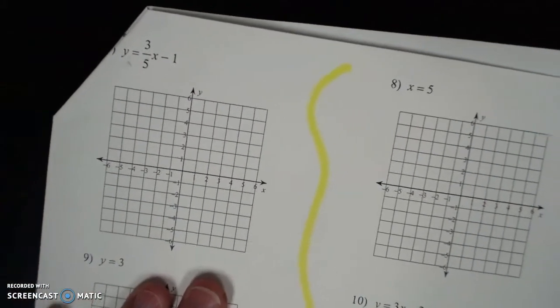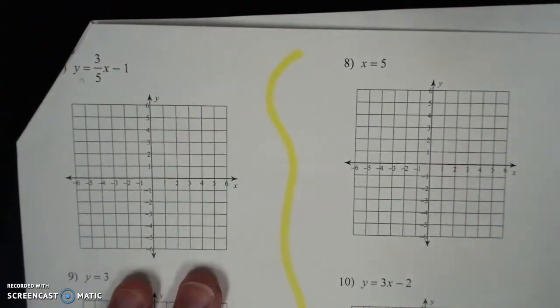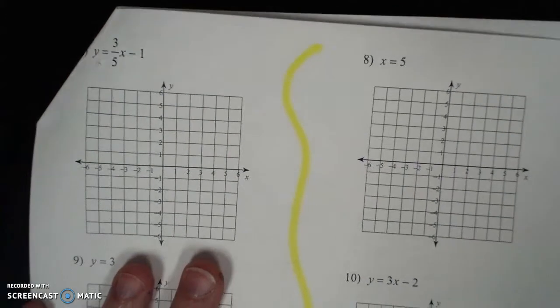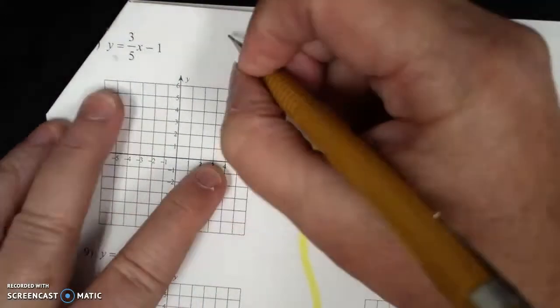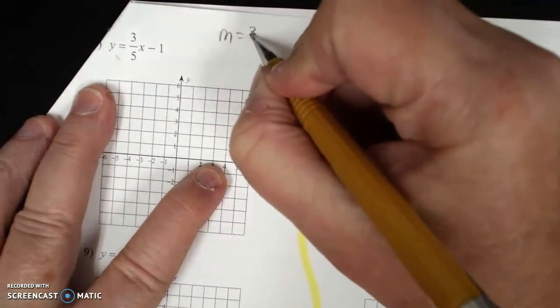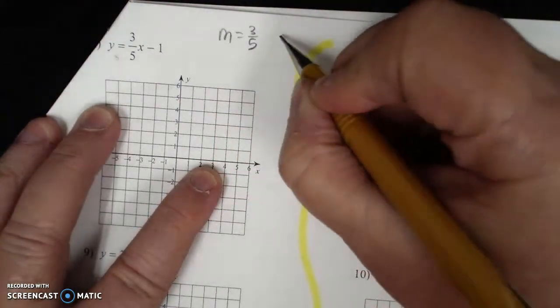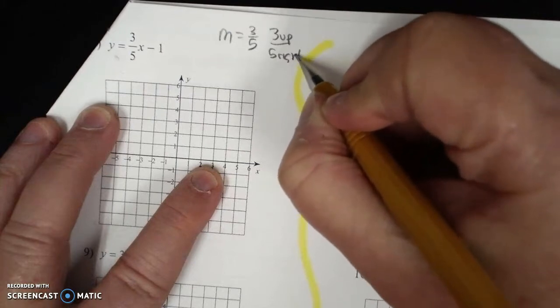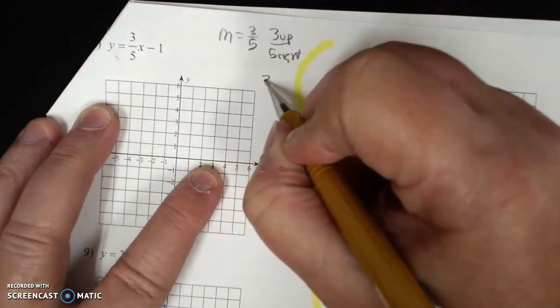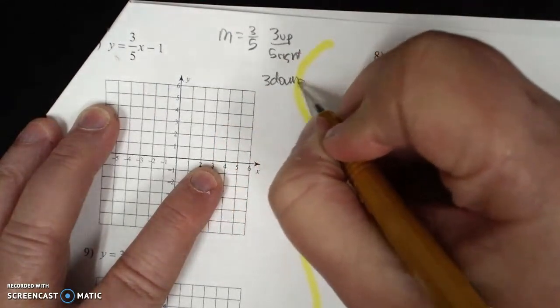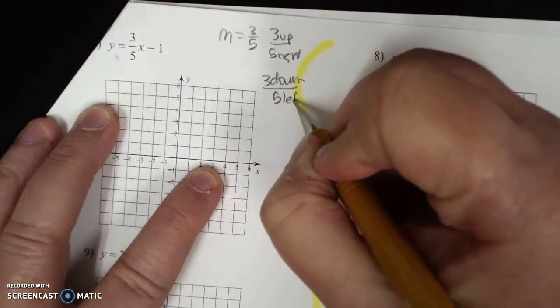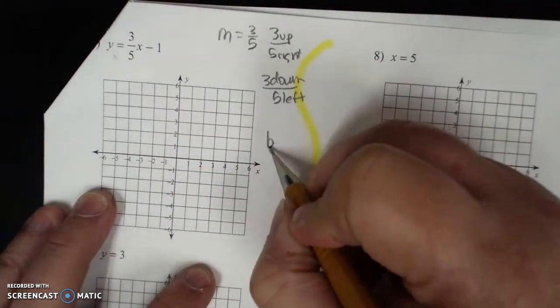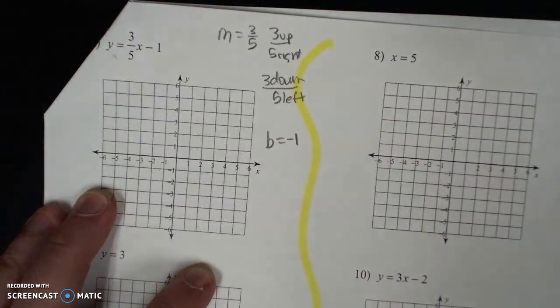My M is 3/5. That's 3 up, 5 right. It's also 3 down, 5 left. My B is -1.